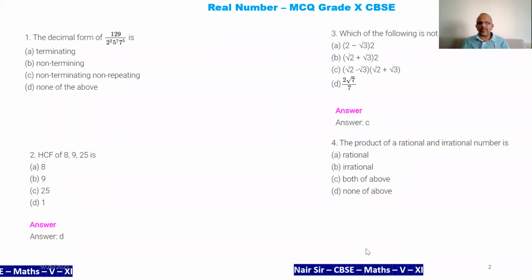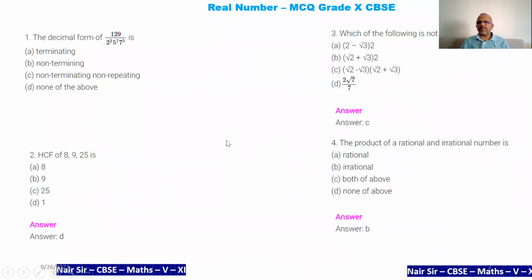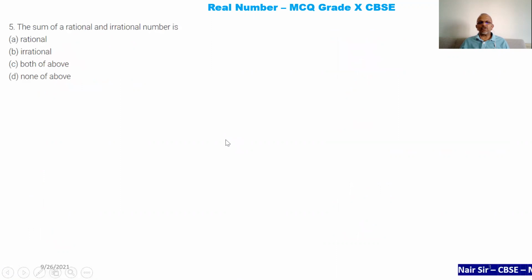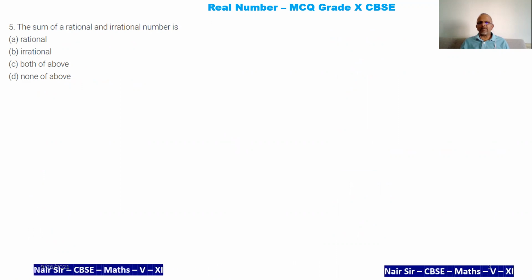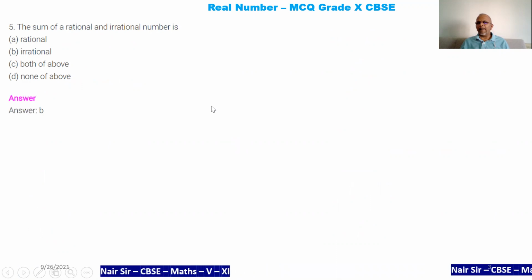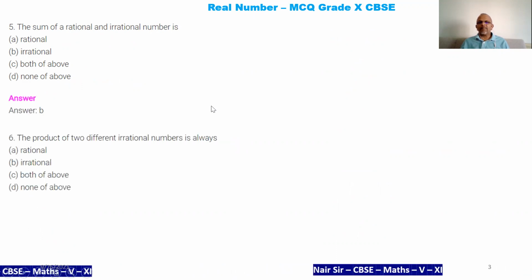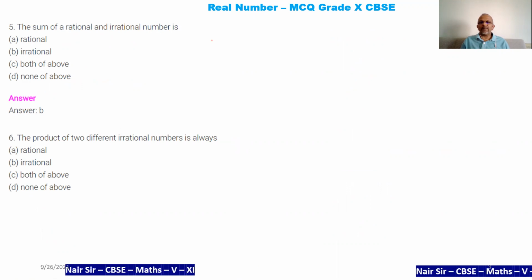Let's look at the next one. The answer is B. It's an irrational number. Next question. The sum of a rational and an irrational number. No major explanation required. You know that it is an irrational number. The next one is the product of two different irrational numbers. If I've got two different irrational numbers, okay, this can be confusing.